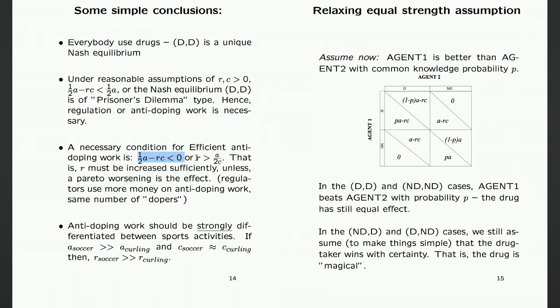Now, if you look at this term here, it directly tells us how we can do anti-doping regulation. Either we could increase the R, make better tests, make more tests, test more athletes, or we can increase the C. Increasing the C makes the right hand side smaller, and it's easier for R to get bigger.